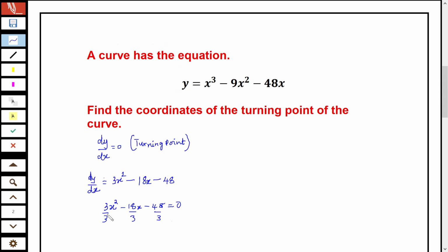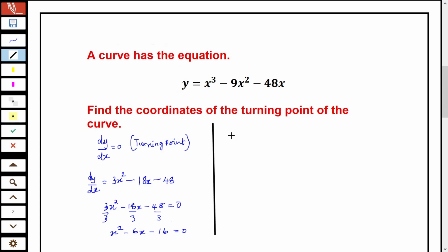Now 3 goes here, and we're left with just x squared minus 6x minus 16 equal to 0.